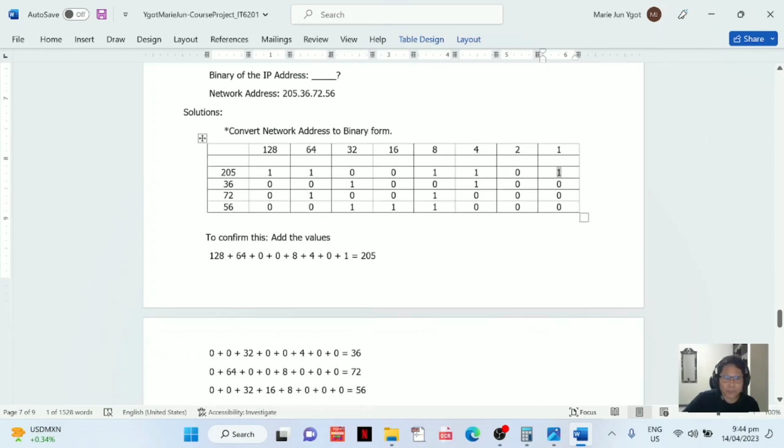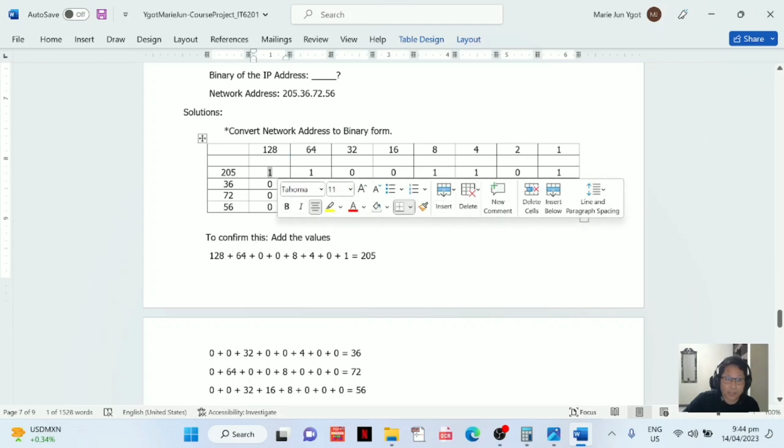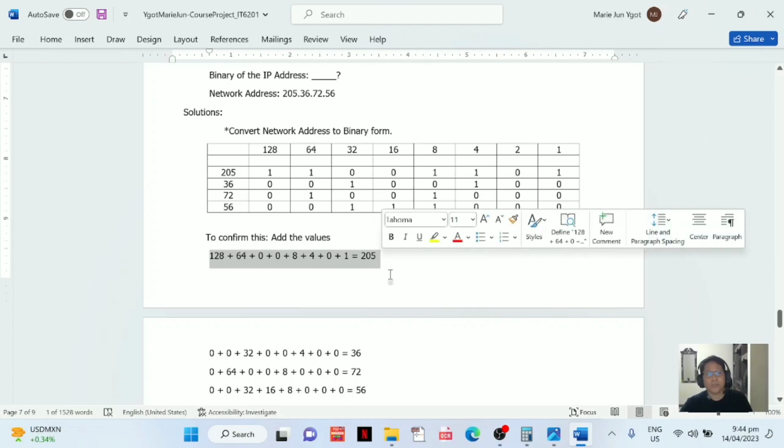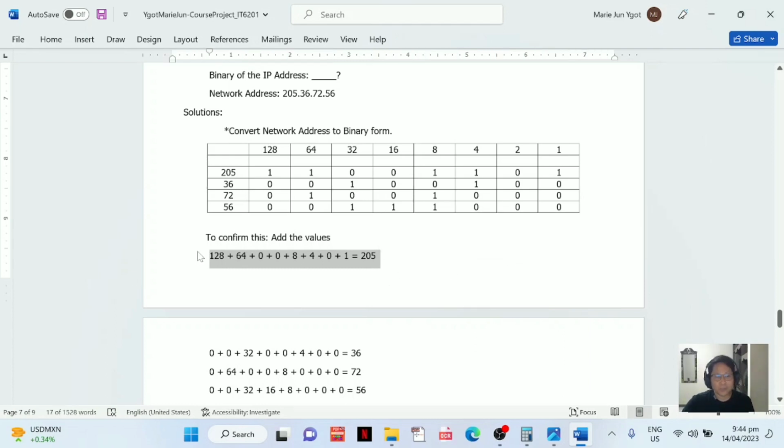To confirm this, 1 here means yes, so let's add 128 plus 64 plus 0 plus 0 plus 8 plus 4 plus 0 plus 1 is 205. So we all know how to get this one, right?